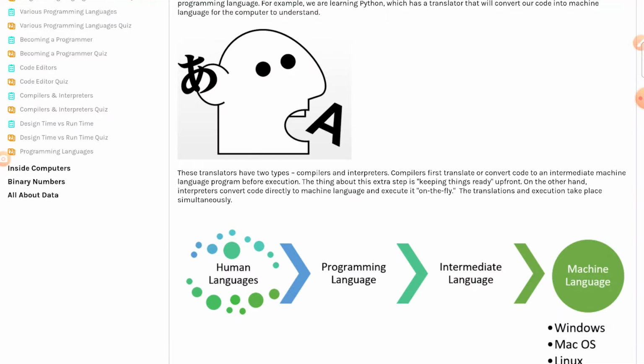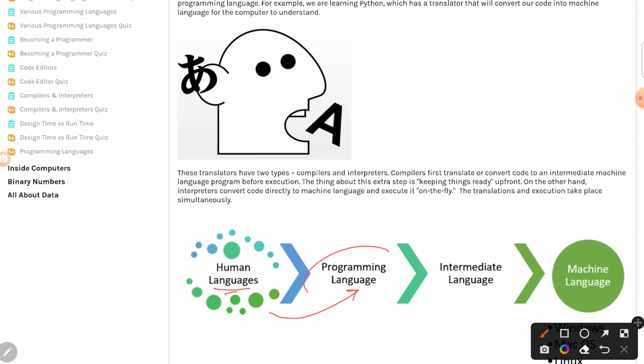Now, before I talk a little bit more about compilers and interpreters with an example, it is important to understand that we learn to write our code in a programming language. We cannot write in Hindi or English.